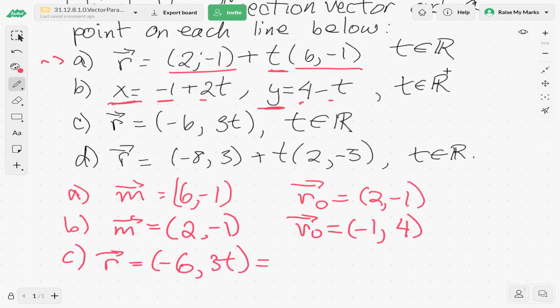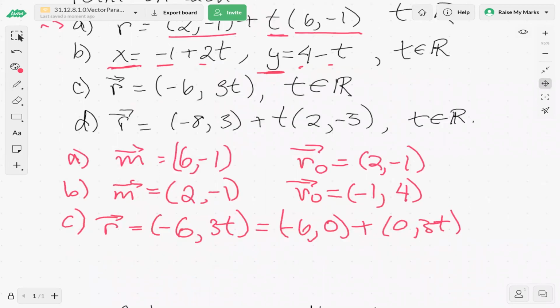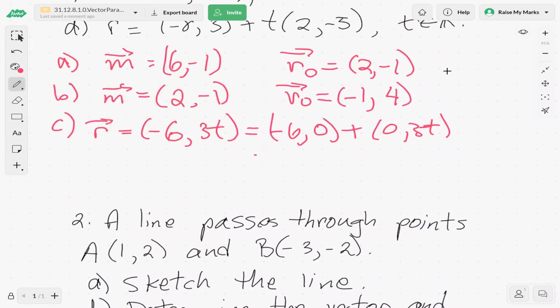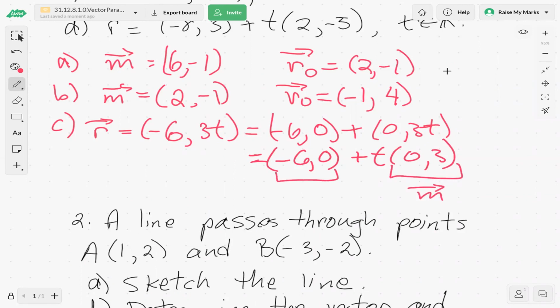Let's break it up: we write it as (-6, 0) plus (0, 3t), which is (-6, 0) plus t times (0, 3). Now that we have it in this form, we can read everything off quite nicely. This is our direction vector, and this is our point on the line. So our point is (-6, 0) and our direction vector is (0, 3).